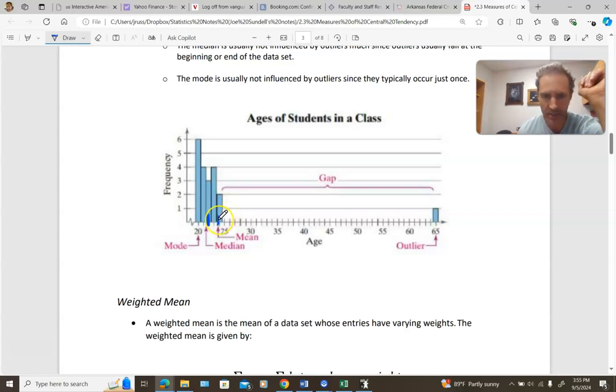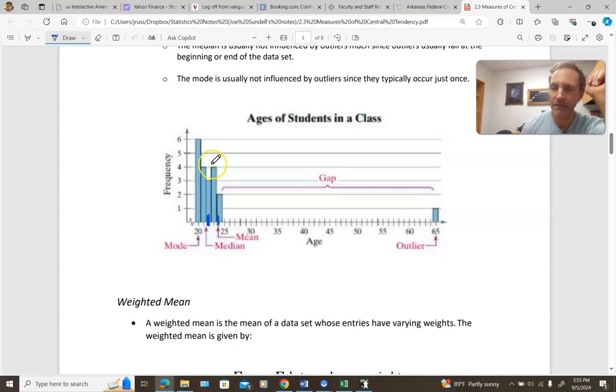It tells us the average age is maybe around 24, 25, when you can see clearly most of the students in this class are below 25, okay? And also you can see that the median is pretty much still in the middle, so it's more or less unchanged. But an outlier can really influence the mean greatly.